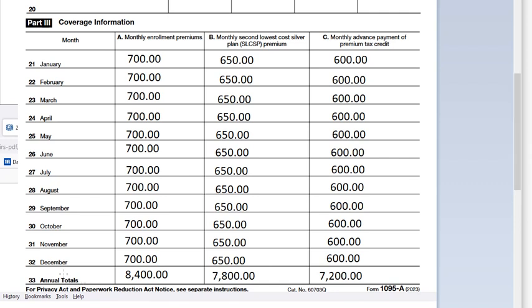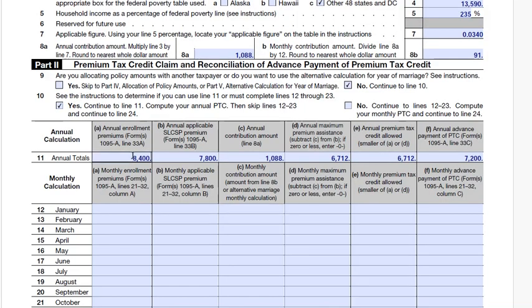This is line 33, column A, so 33A will be 8,400, 33B will be 7,800, 33C is 7,200, and that's what we put on line 11 here. So this is 33A, 33B, and 33C.